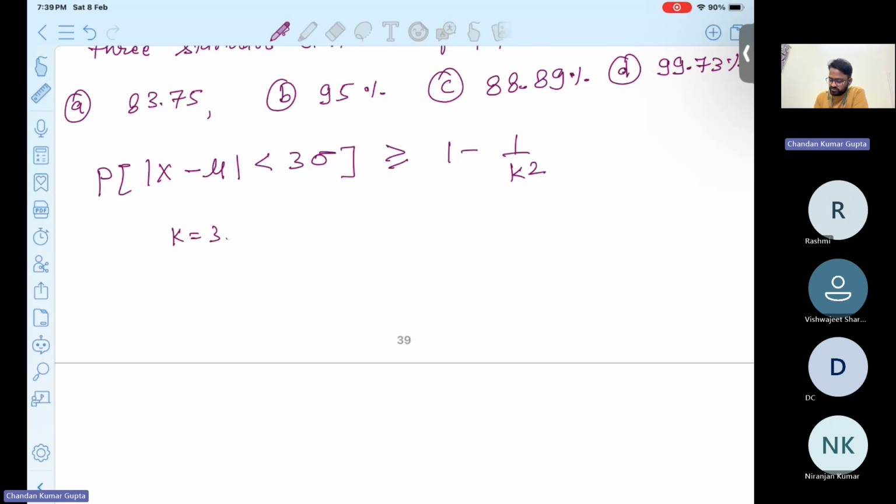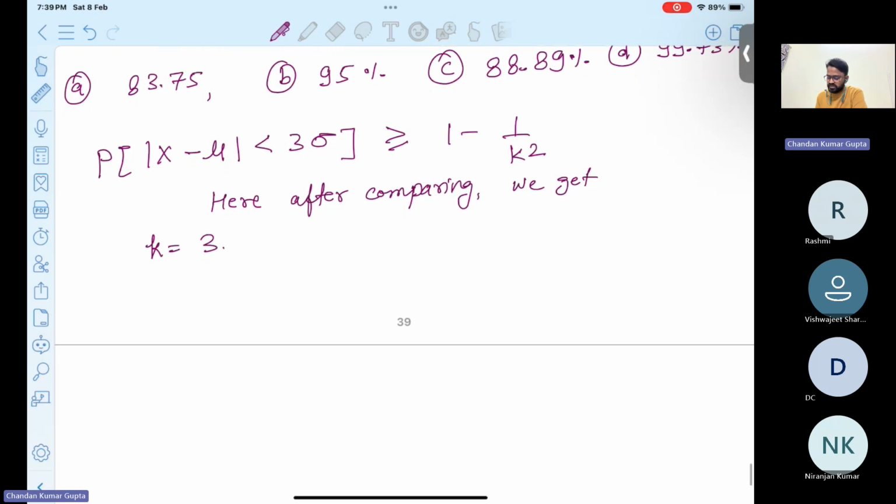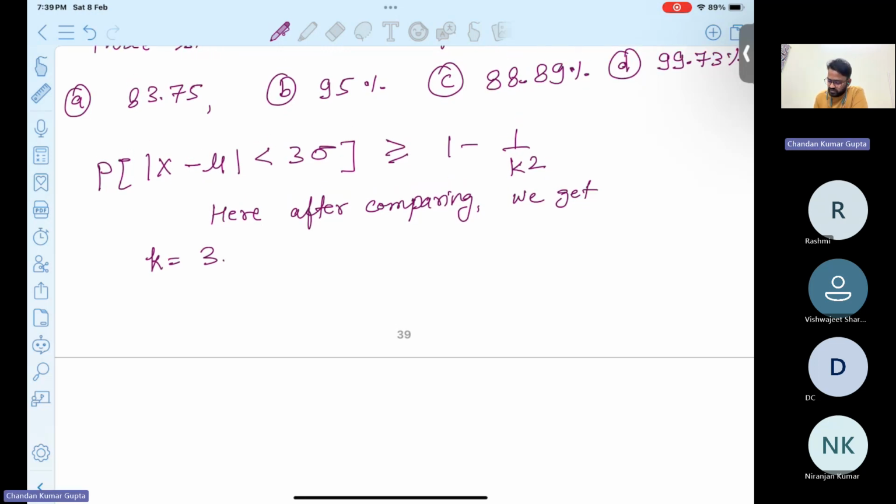Let me write it here. After comparing, we get k equal to 3. Then this value equals 1 minus 1 upon 3 square, which comes out to be 8 by 9.